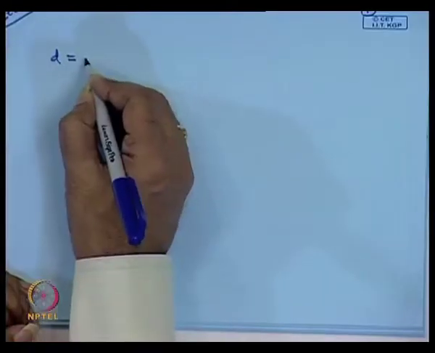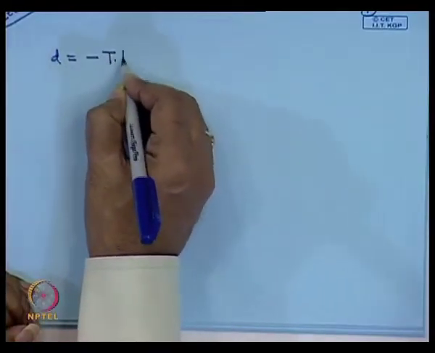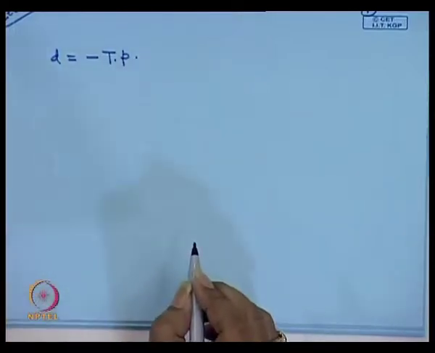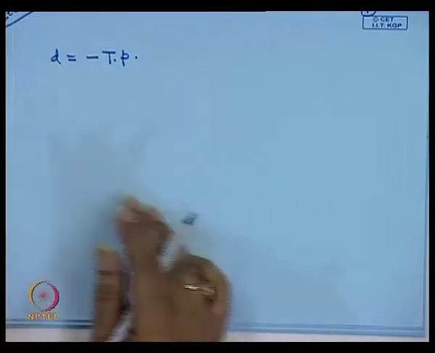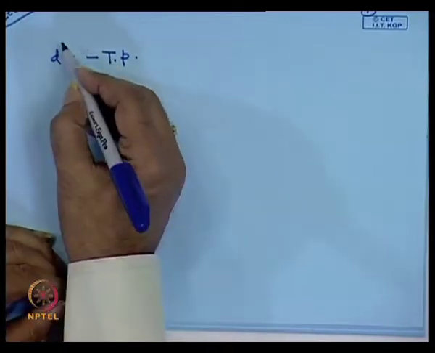At this moment we know T, so you can find out our direction D. D is equal to minus T into P. If you calculate that, you know our direction.